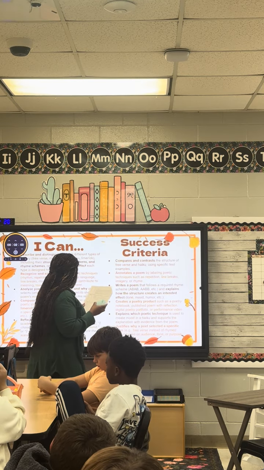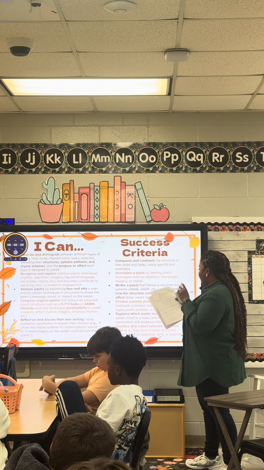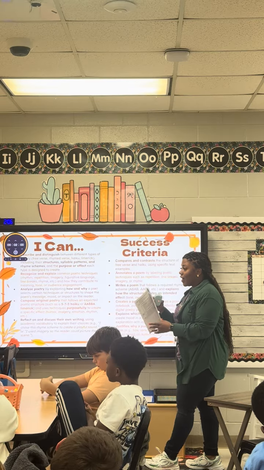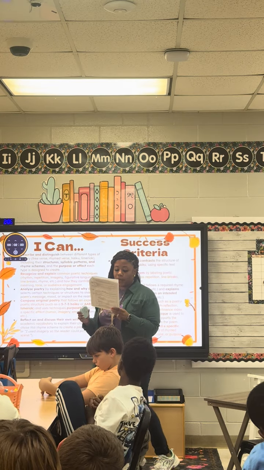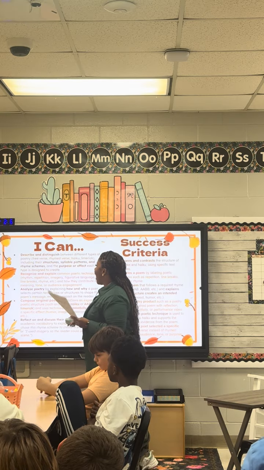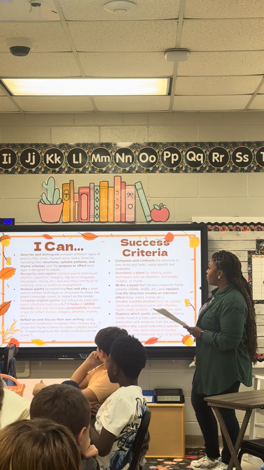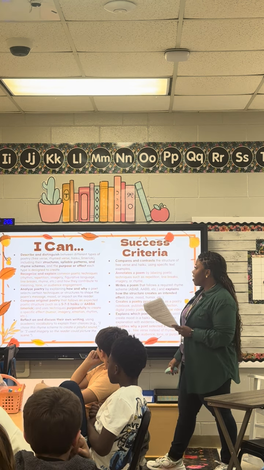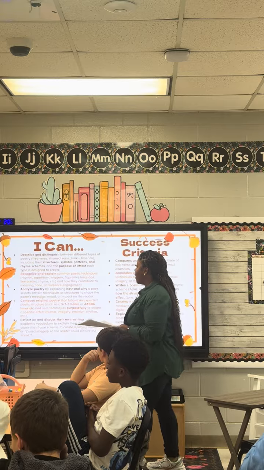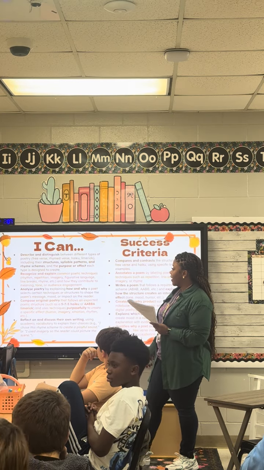So today we're going to continue talking about and identifying techniques used in poetry and different types of poems. Today I'm going to show you how to identify the structure of a poem. So, your I can statements. I can describe and distinguish between different types of poetry, including their structures, their syllable patterns, and rhyme schemes, and the purpose or effect. I can recognize and explain common poetic techniques.